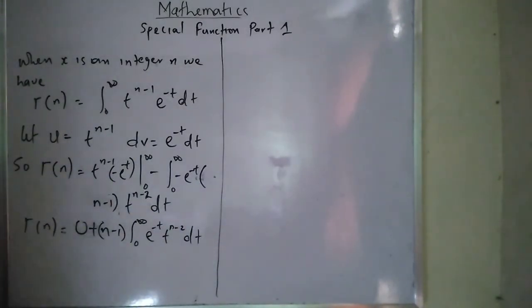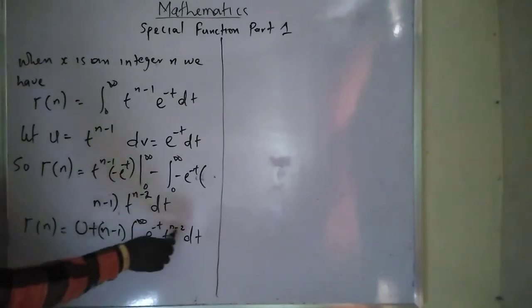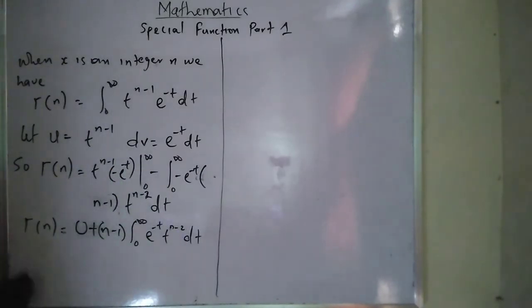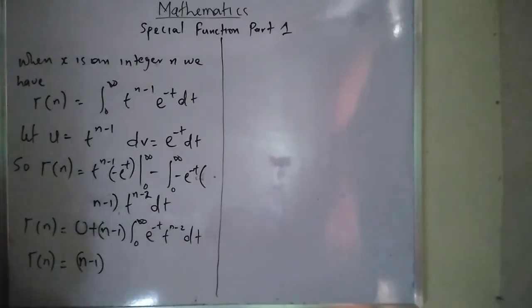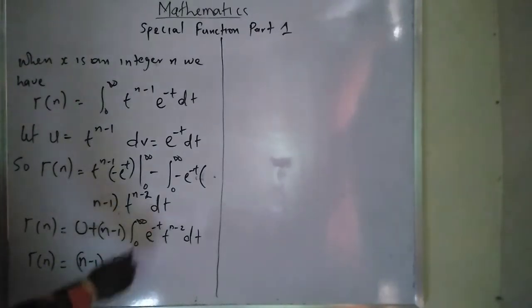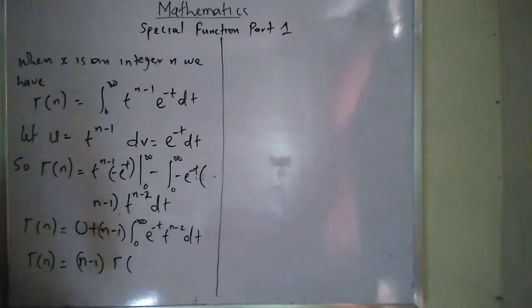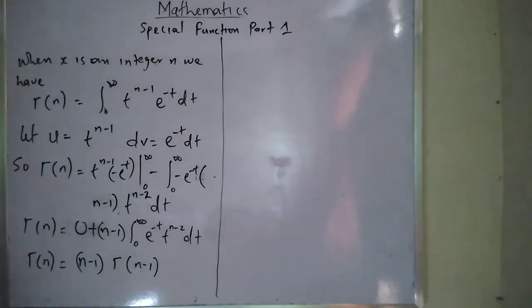Now, since I have that, my function will be equal to n minus 1. Everything that is here is the same thing as gamma of n minus 1. Now that is what I'm having there.